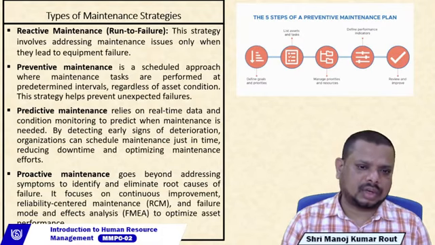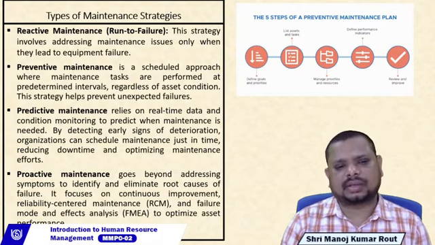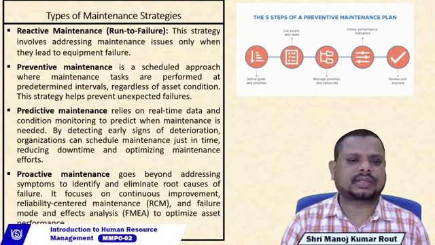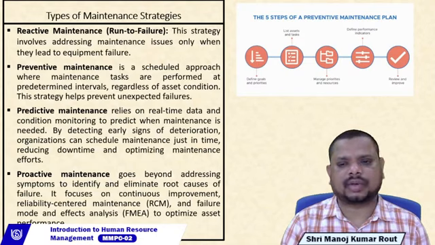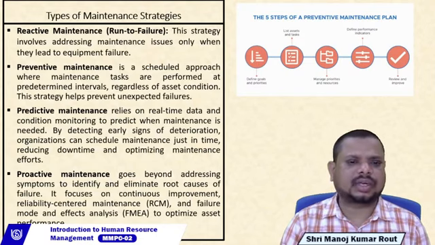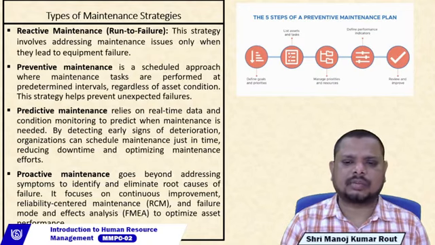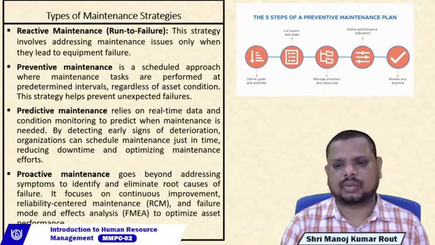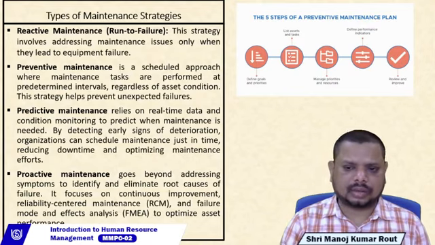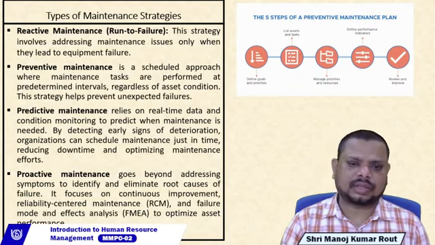If you go to the preventive maintenance strategies, it is a scheduled approach where maintenance tasks are performed at predetermined intervals. In the previous slide we discussed the CNC machines and how they have time intervals from 3 months to 1 year. Within the interval, we have performed many activities related to preventive maintenance.